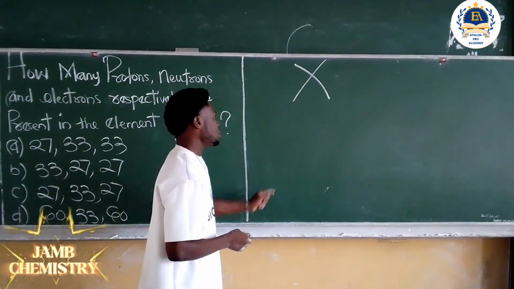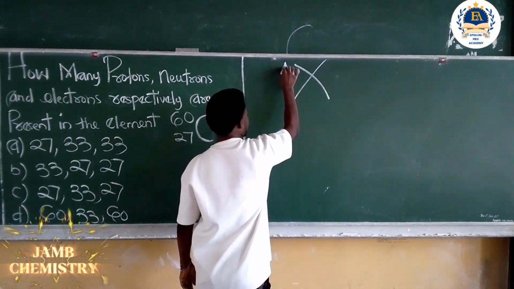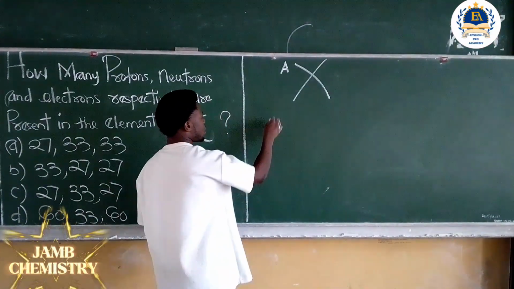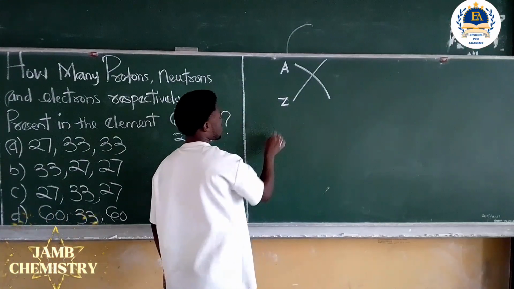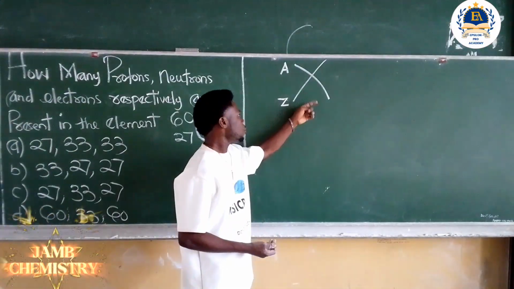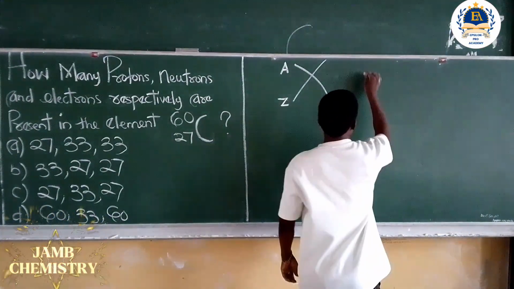A number is always attached at this point, which is A, denoted with capital letter A, and another number denoted with letter Z. X is an unknown element, whereas A is called the mass number.